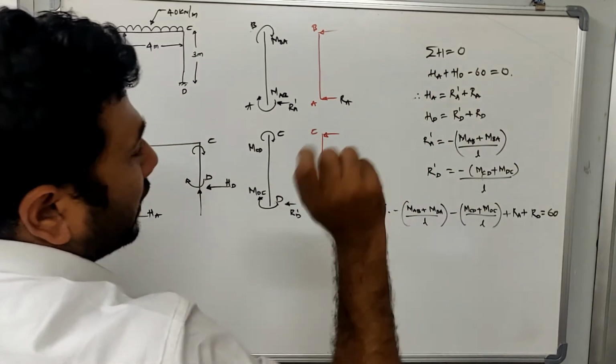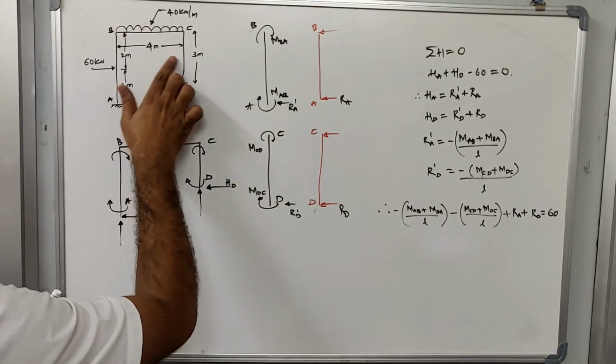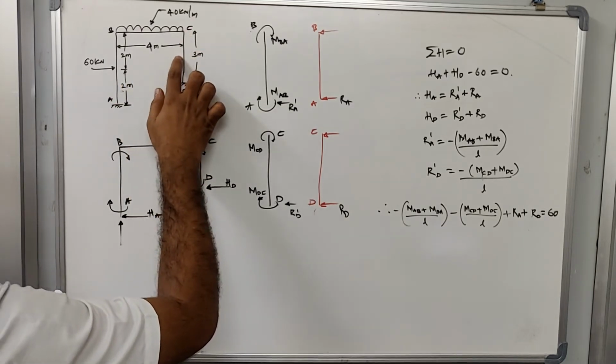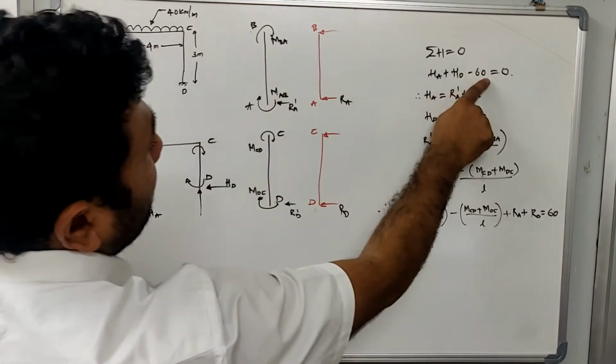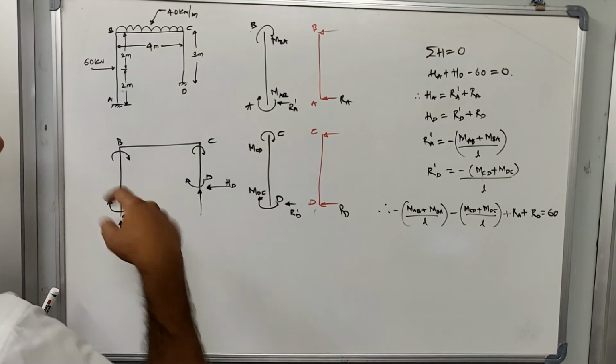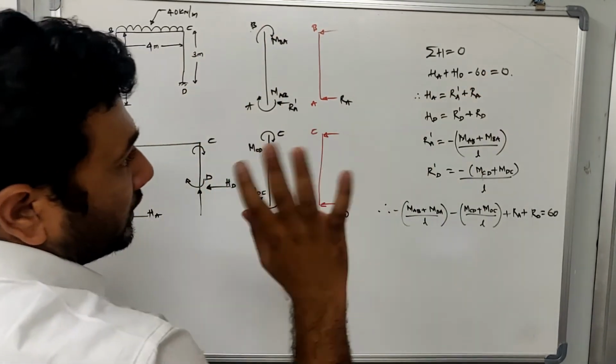Now assume that there are other forces, for example a force acting on this member also. Assume here it is 20 kilonewton. In this equation I have to consider minus 20 if it is acting in this direction. If it was acting in this direction, I would have considered it as plus 20. You need to understand this concept.